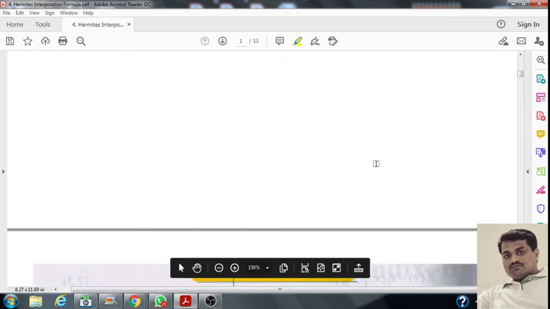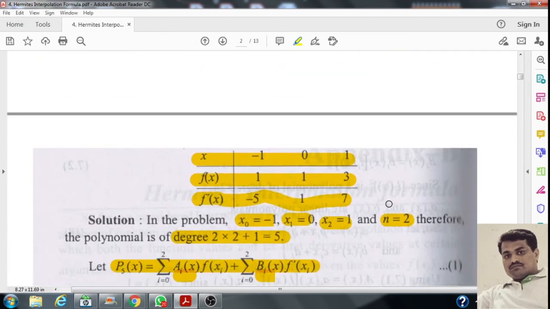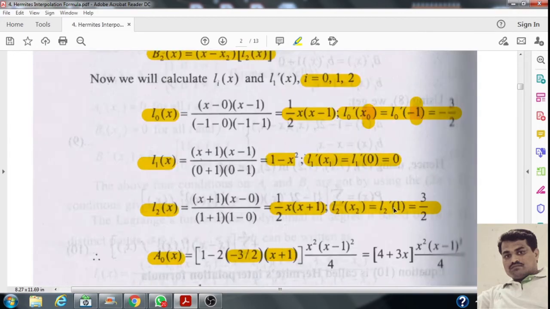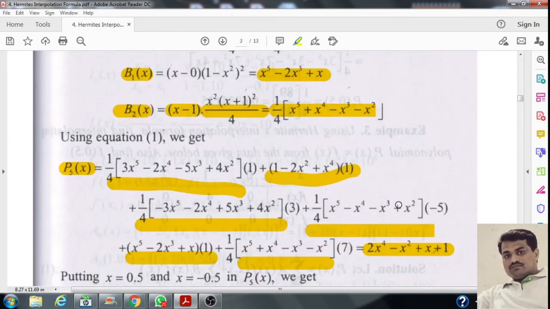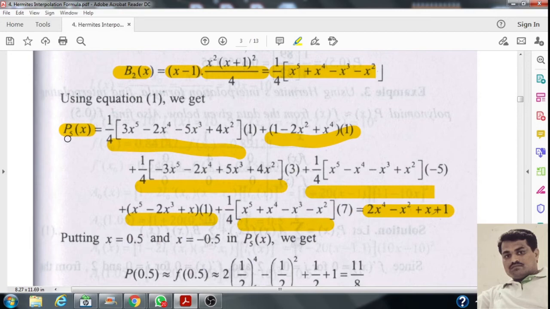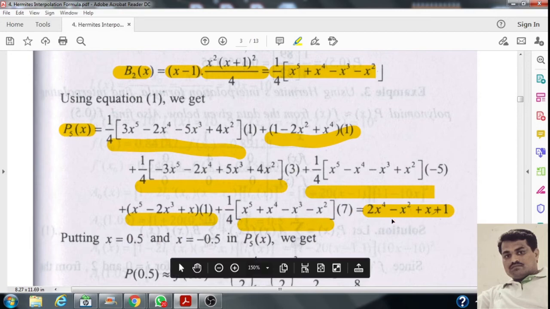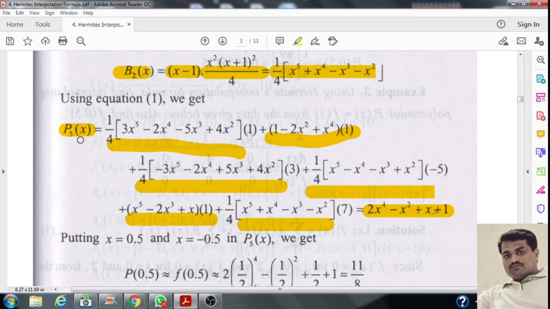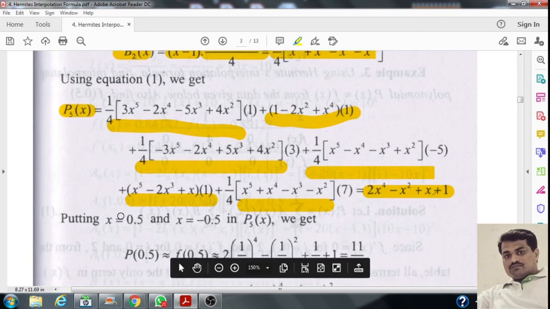Also, to find f dash of x, we consider this p5 of x is equal to this equation. Then differentiate this equation with respect to x, and we can find the f dash of x. This p5 of x is nothing but approximately f of x, not exact f of x. This polynomial is the approximate to f of x.